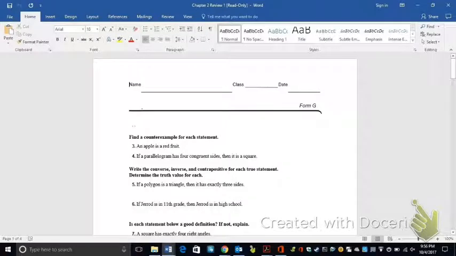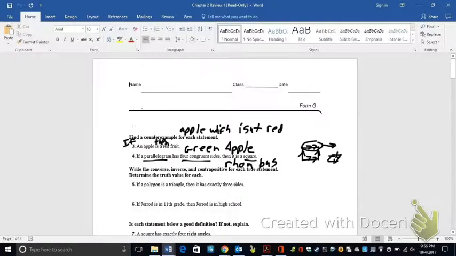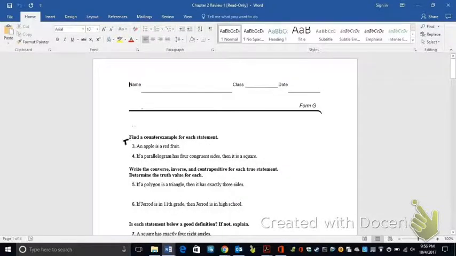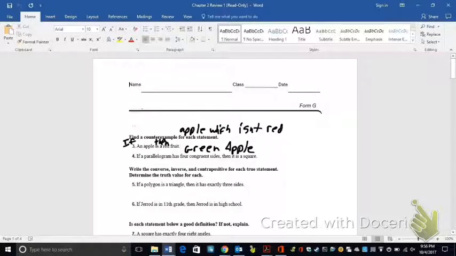So we can put a green apple, or Granny Smith, you can put Yellow Delicious, you can put a Pink Lady, even though I don't necessarily know that anyone's going to really bicker about pink or red. Anyway, all you have to do is say that there are apples out there which aren't red, and you've provided a counterexample which renders that statement false.